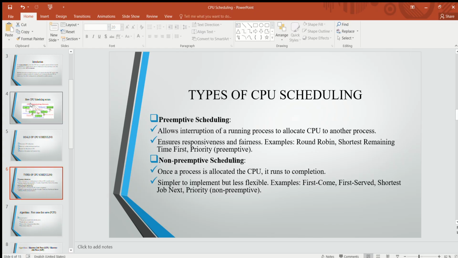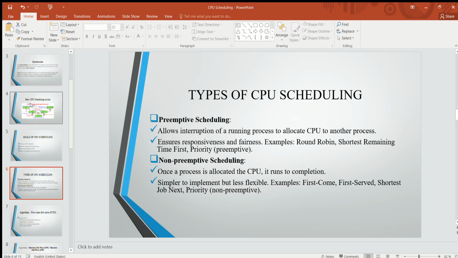so it is also able to get access to the CPU and complete its cycle of execution. Okay. And we have non-preemptive. With non-preemptive, once a process is allocated the CPU, it runs to completion. So basically, nothing interrupts it. With first come, first serve, the first process selected from the queue is handed the CPU, and it executes in its entirety unless there are IO bursts in between the CPU bursts.